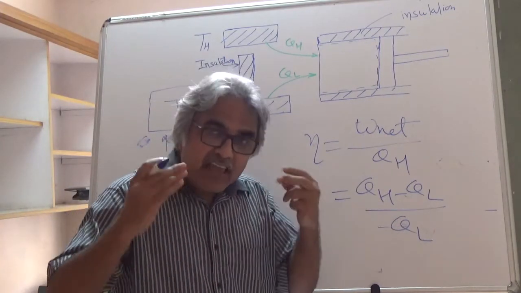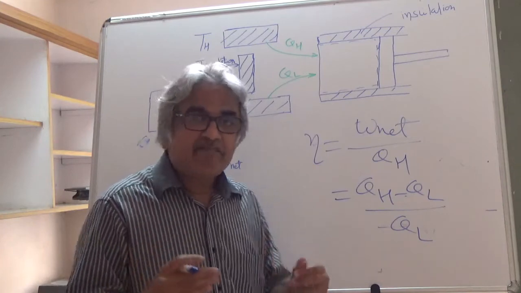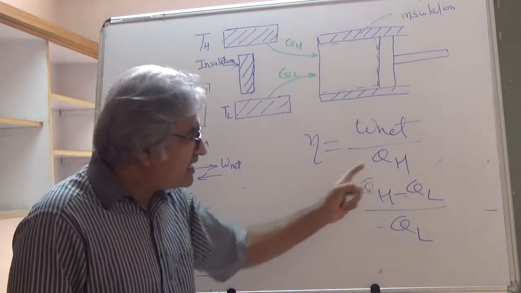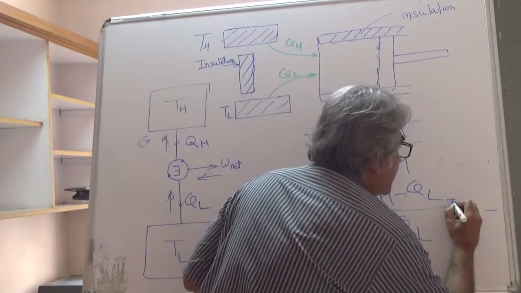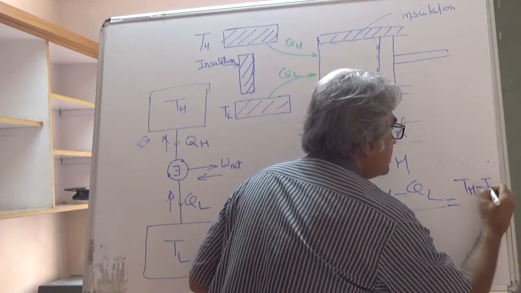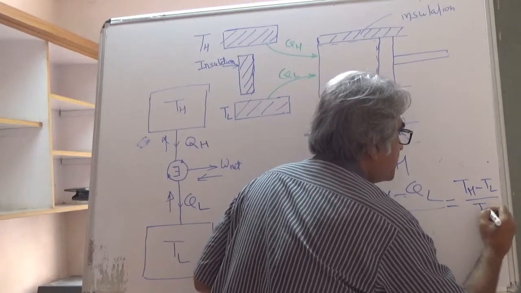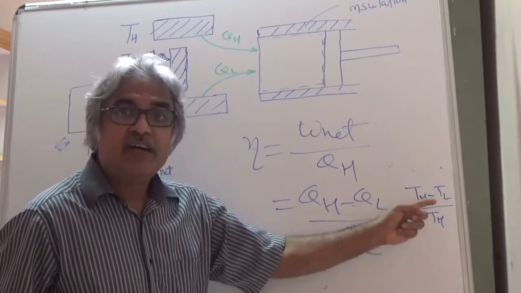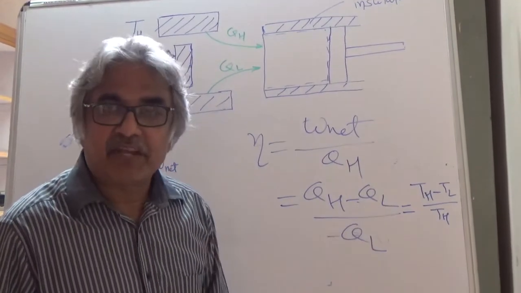If this engine is reversible, that means if it is a Carnot engine, then this efficiency is also equal to TH minus TL upon TH. So efficiency of Carnot engine is a function of source and sink temperature.